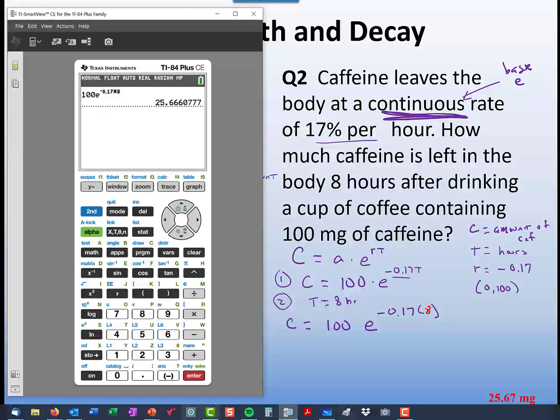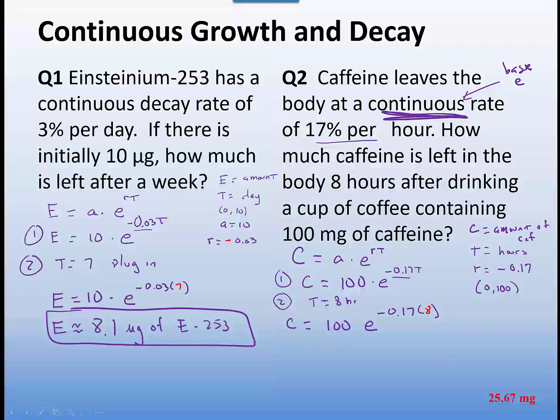So C is approximately 26 milligrams of caffeine. And as I recall reading somewhere, when your body has around 20 milligrams of caffeine, you virtually don't notice the caffeine effect anymore. That's just a little side tidbit, but we used the continuous growth model to come up with this calculation.